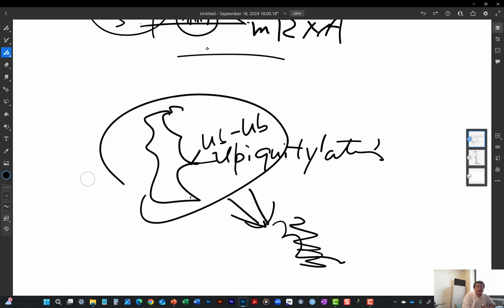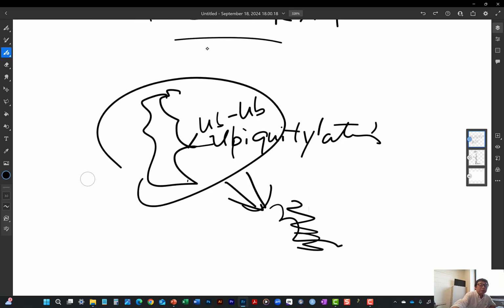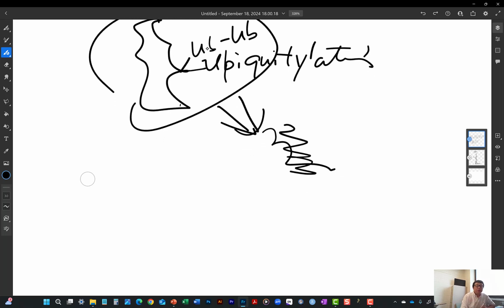And this labeling happens when a protein is no longer needed. For example, cells made an emergency protein, maybe a protein that triggers the absorption of glucose, and then you do not have enough glucose, you don't want the protein to exist anymore. You use ubiquitination to label the protein. This is called post-translational regulation of gene expression.